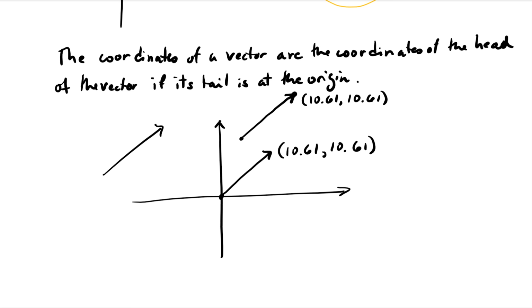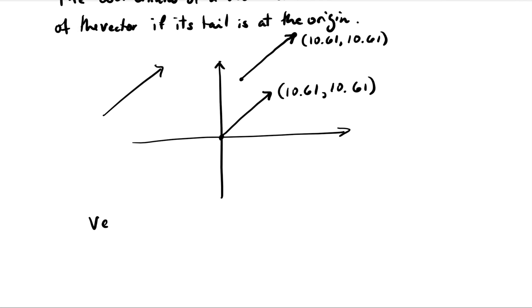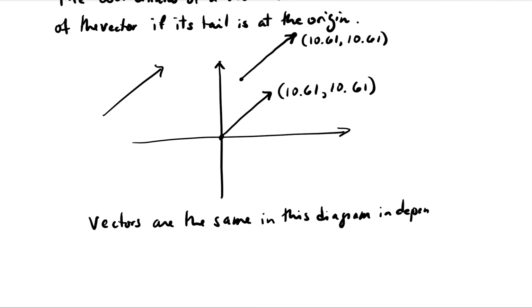So let's add this. Vectors are the same in this diagram, independently of where their tail is.